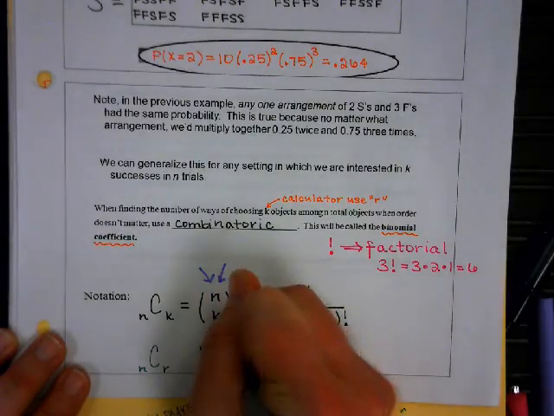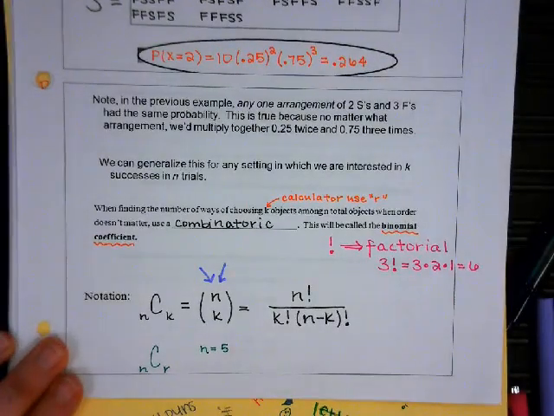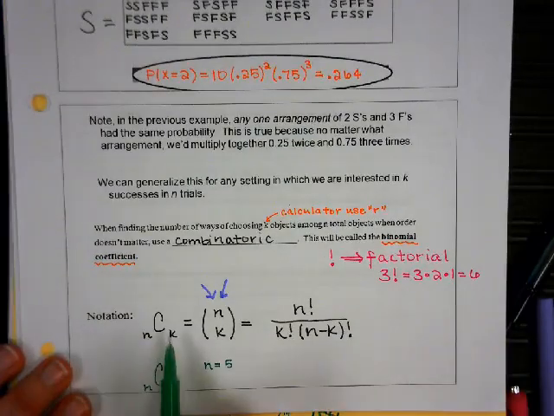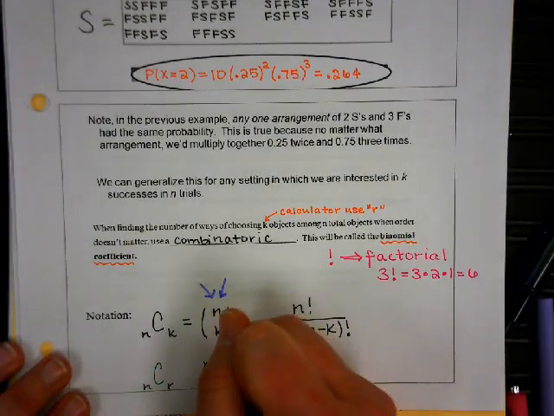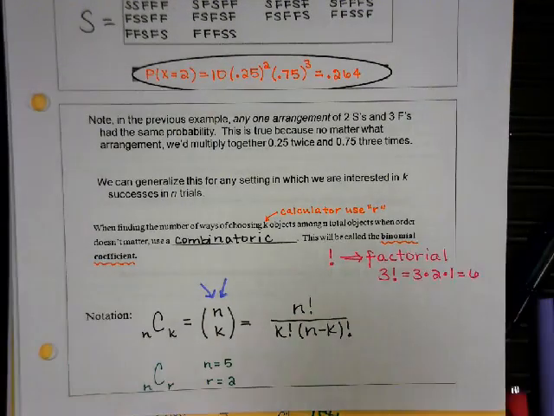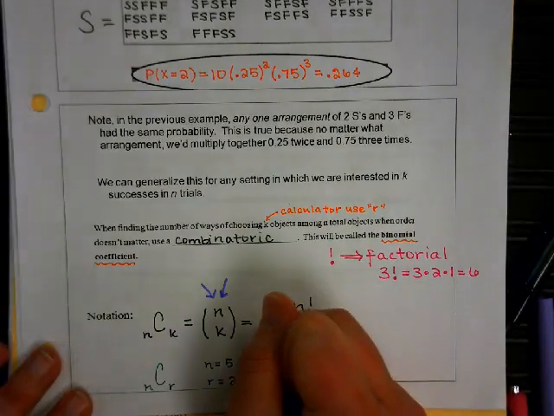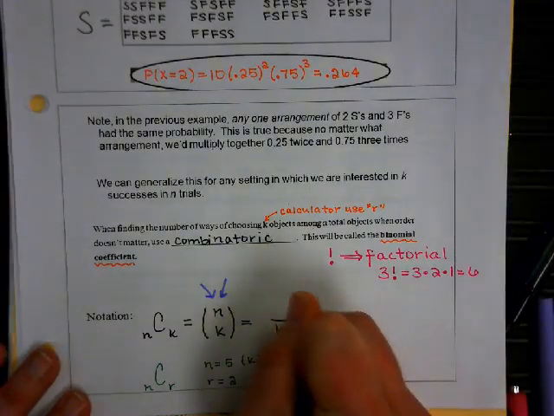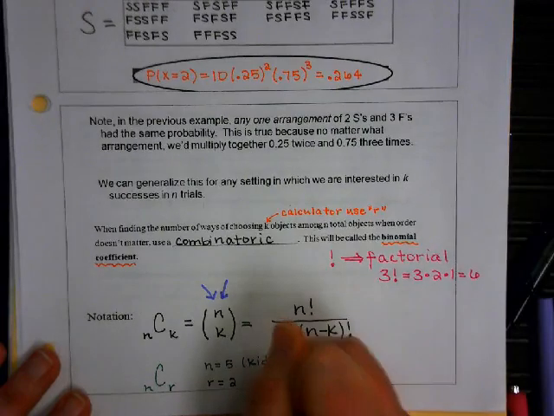So that would be 2. So this was kids, and this was successes. So I made the list, and I found there were 10 different ways to have 2 successes among 5 kids. So we're going to make sure I was actually right.